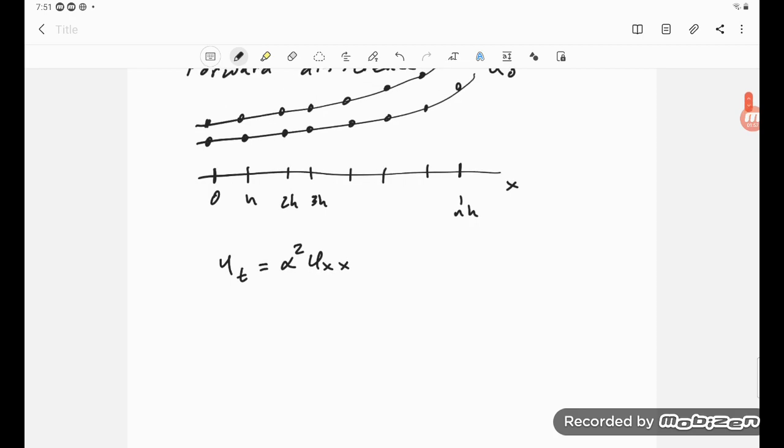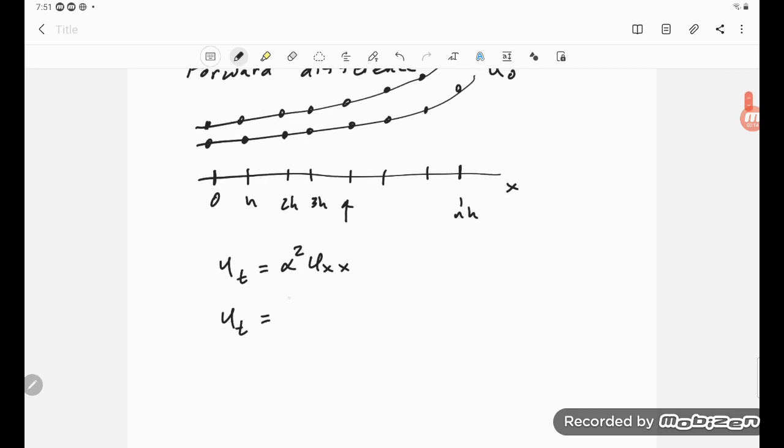Now, for the forward difference, we're going to say u sub t is equal to, for any given x, if I'm going to call this a forward difference, now remember this is in terms of t, so I would have t first, t plus k.